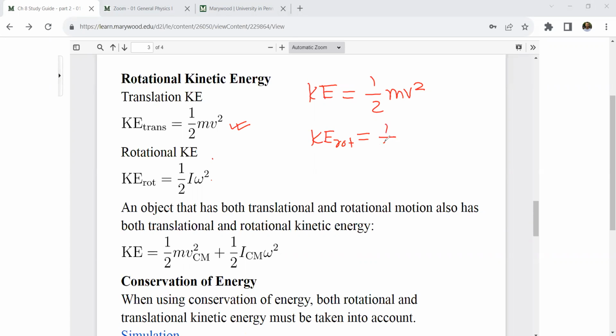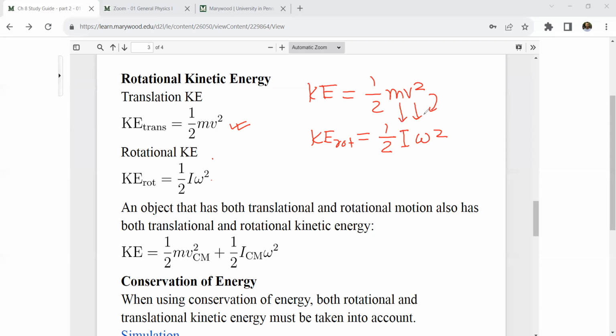But what about the rotational kinetic energy? Rotational kinetic energy can be written from this equation, and that is equal to this. Here you see that m is replaced by the rotational inertia, and velocity is replaced by angular velocity. Earlier in the first slide you saw that the angular equivalent of mass is the rotational inertia, and the rotational equivalent of velocity is angular velocity.